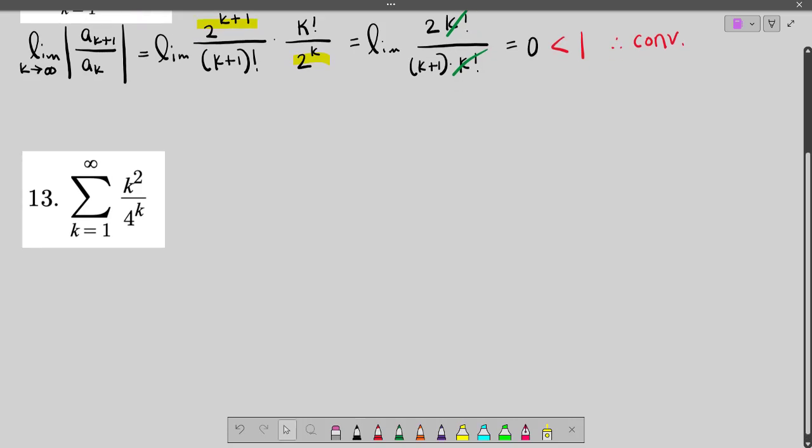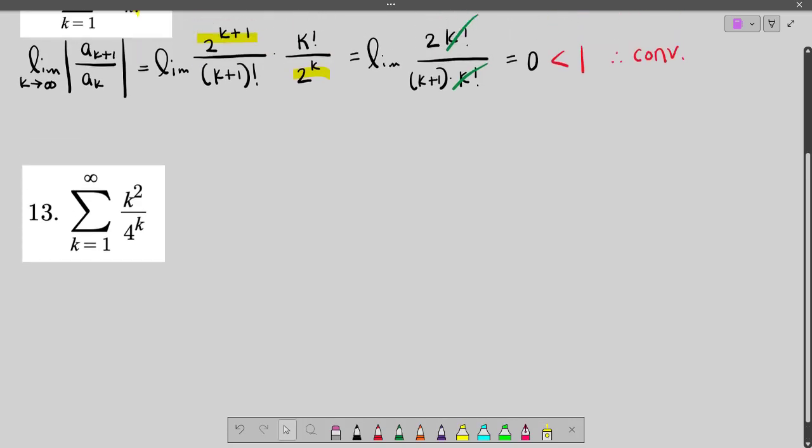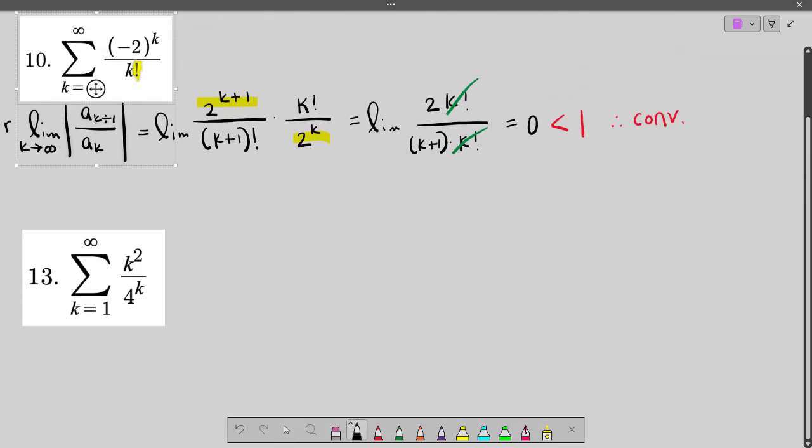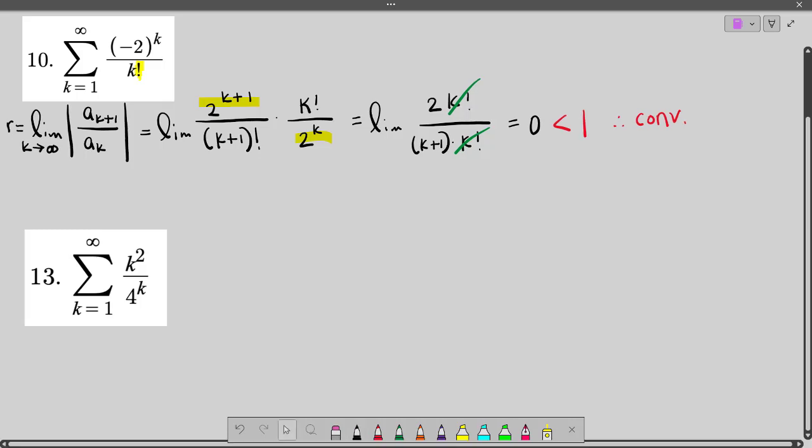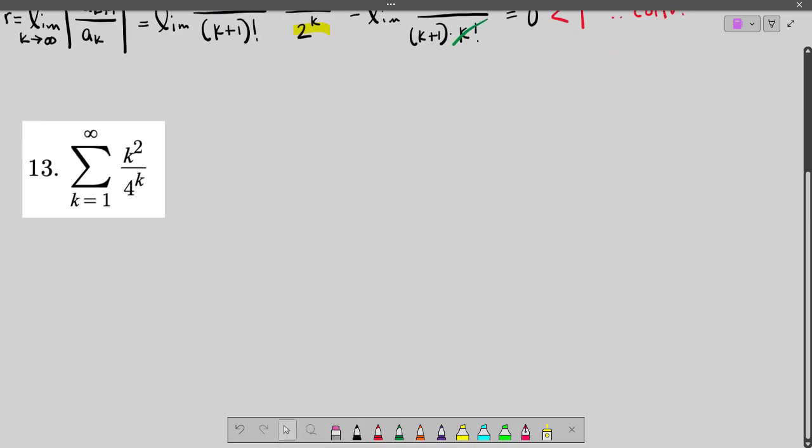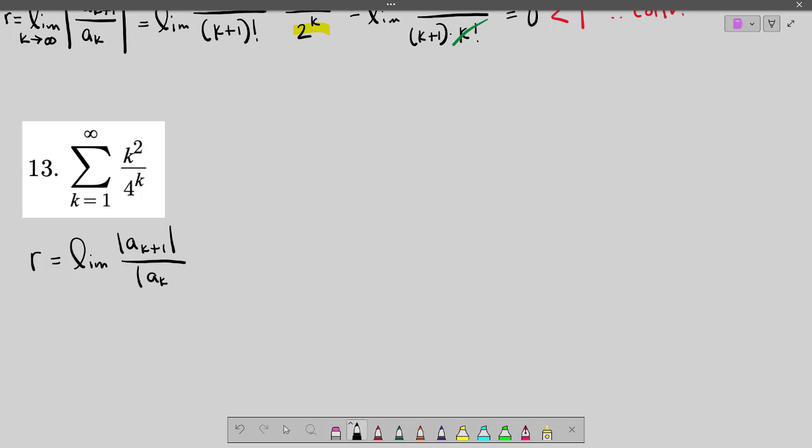So here we're going to go limit. And they call this R. So R is this limit. So R equals the limit of the absolute value of a sub k plus 1 over the absolute value of a sub k as k goes to infinity.